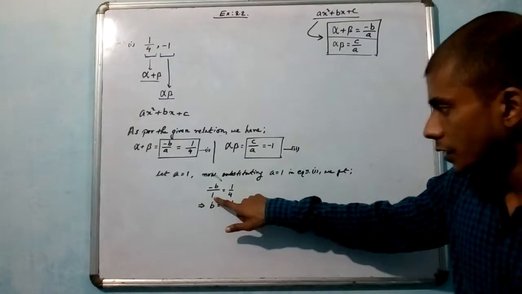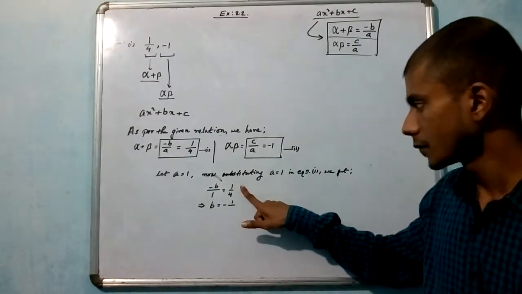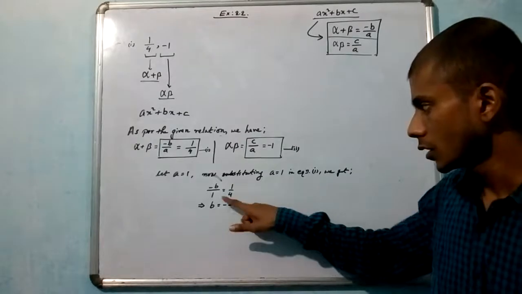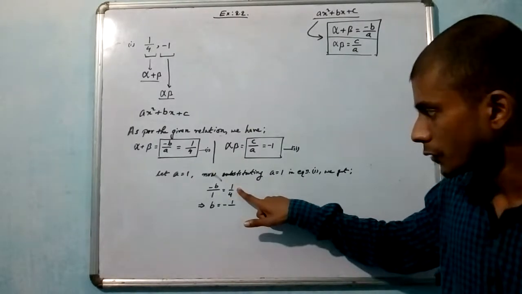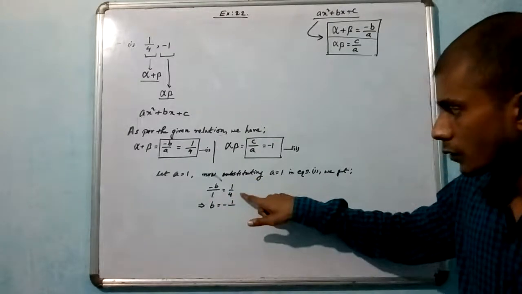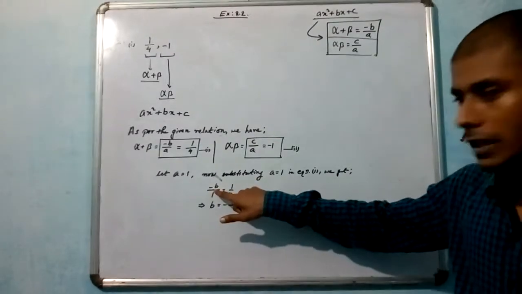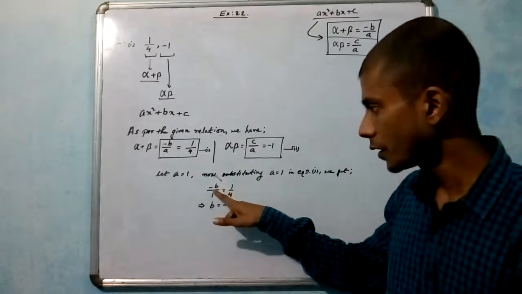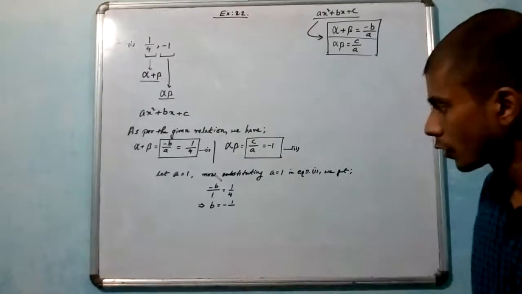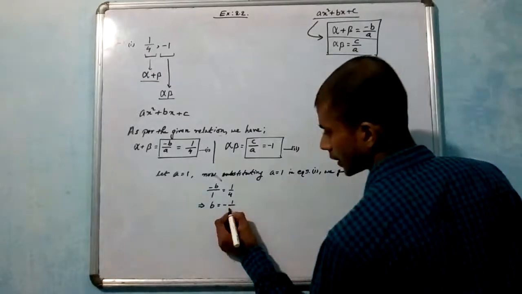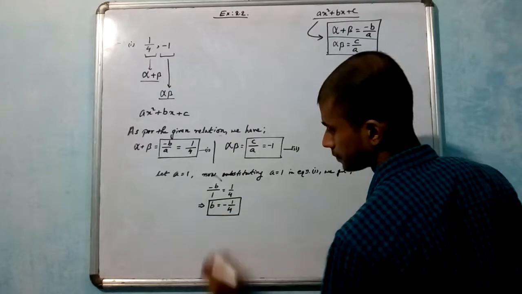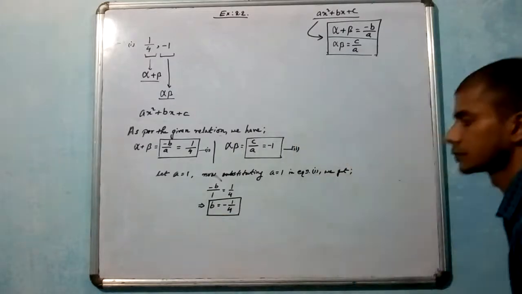Simple, whatever is in denominator, this will come this side. Yes, Mithun? It is 1, it will get multiplied with here 1 by 4. So 1 by 4 into 1, same thing, 1 by 4. Now here is left how much? Minus b. So how we will get b from here? This minus sign will come this side. So minus 1 by 4, how much? Minus 1 by 4. So we got b. Okay.